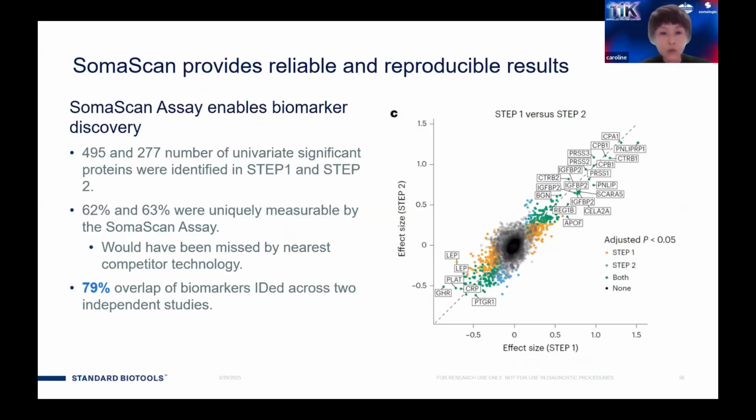Then they looked at the correlation across the two trials, and they see about 79% overlap of biomarkers identified across the two independent trials. What they also mentioned in their publication is that about 60% of these significant biomarkers are only measurable on the SomaScan assay, but not on our competitor platform.